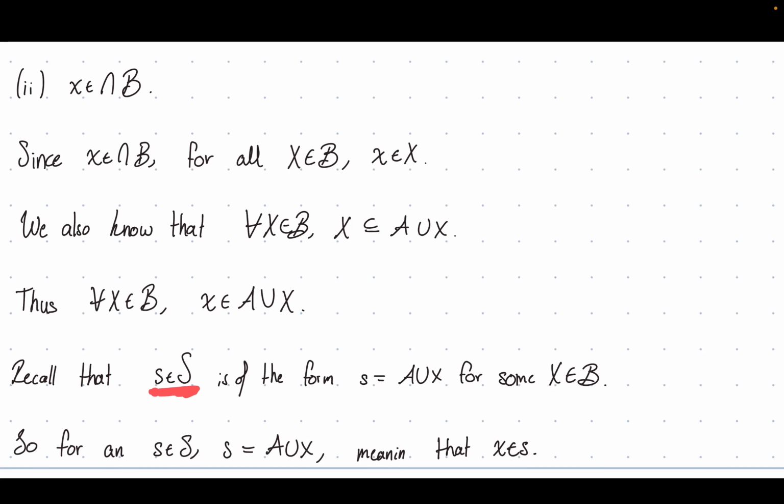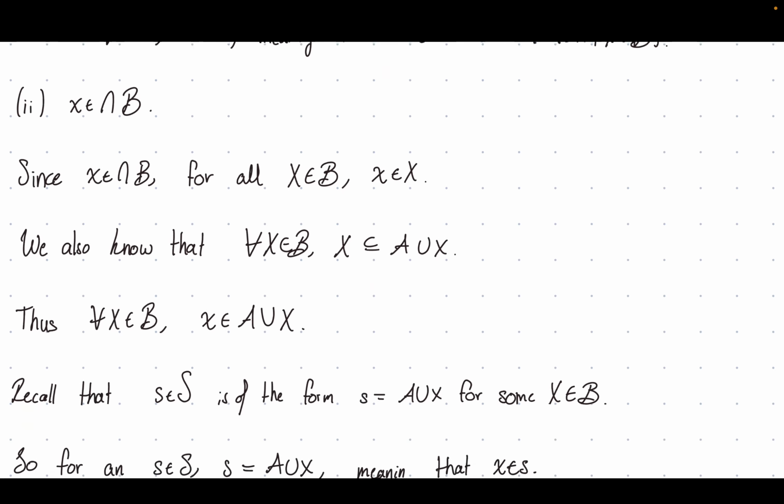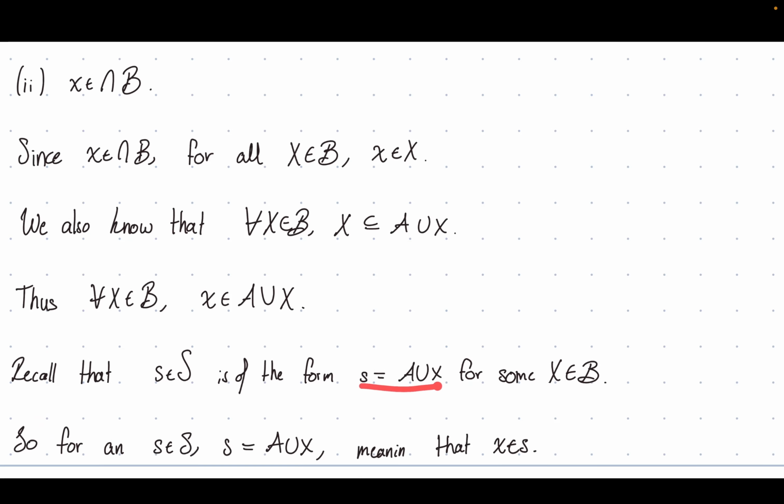Then what I did was reiterate the fact that all the elements of S, this set right here, are of the form s equals A union X for some X in B. So for any little s in big S, s is equal to A union X, right?